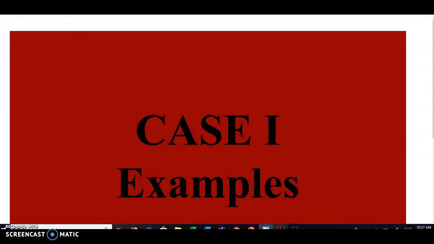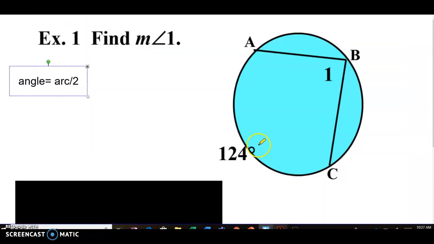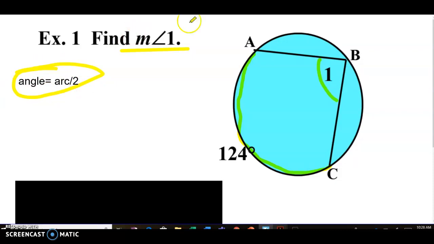So case 1 examples for the inscribed angle. The first thing that I need to determine is, I have this arc right there, and then I have my angle. I'm looking for the measure of angle 1. So I have my formula right there. I have to put pieces where they go. I can't put an arc where an angle goes, and I can't put an angle where an arc goes.